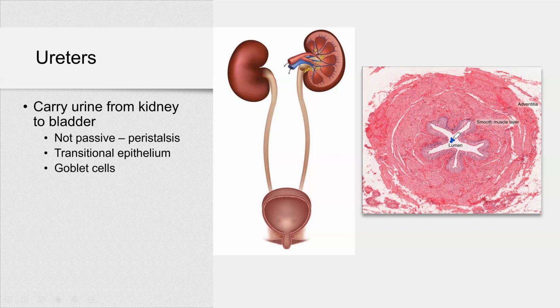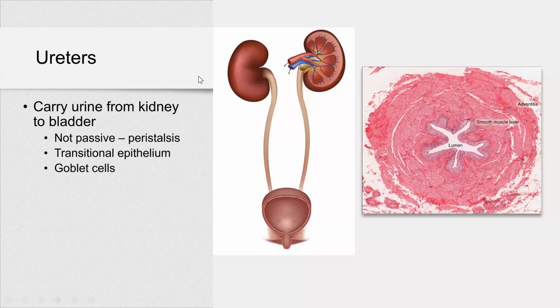So inside the lumen is space, and inside this lumen you have urine. Now this epithelium over here is transitional epithelium with goblet cells. So goblet cells produce mucus, and transitional epithelium, you should be familiar with this epithelium, found in the urinary bladder and a ureter, and it has this ability to be stretched.